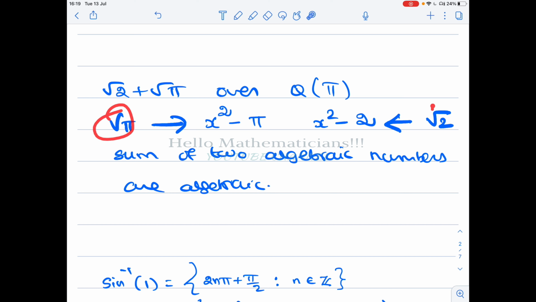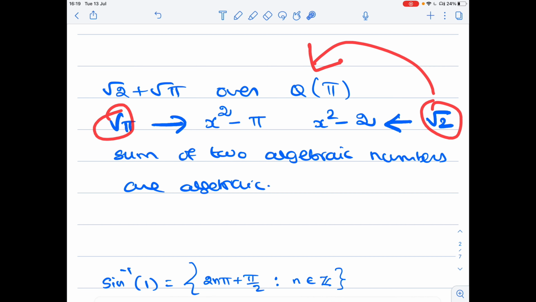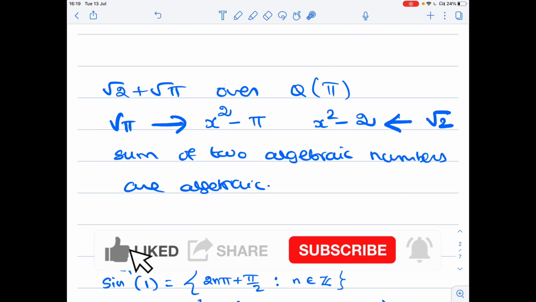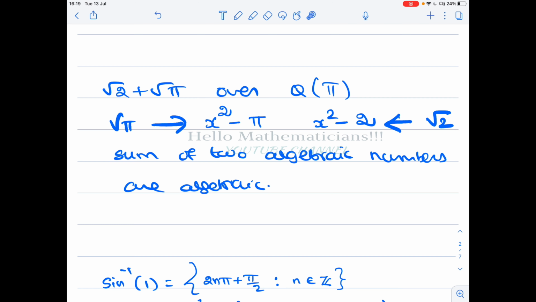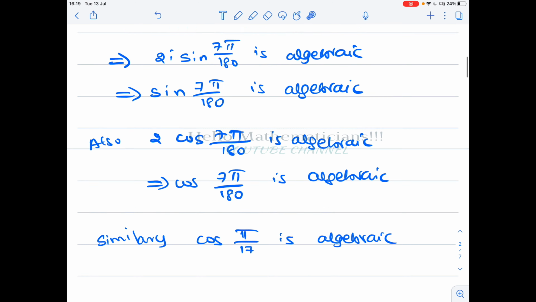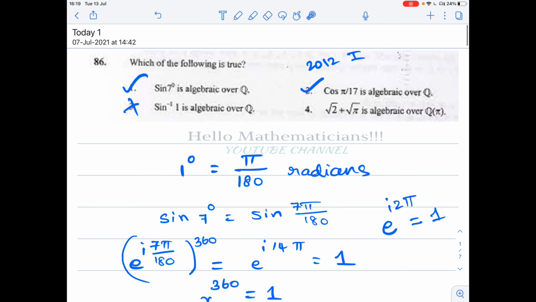Therefore, these two numbers are algebraic over this field. By the same argument, the sum of two algebraic numbers is algebraic. Therefore, root 2 plus root pi is algebraic over Q of pi. Please check the proof of why the sum of two algebraic numbers is algebraic, and the product of two algebraic numbers is algebraic. It will be a very interesting proof.